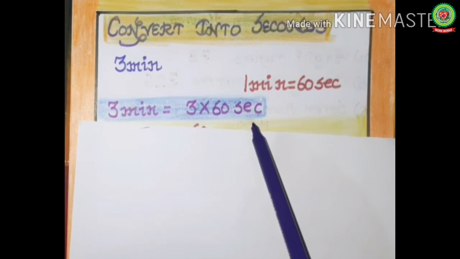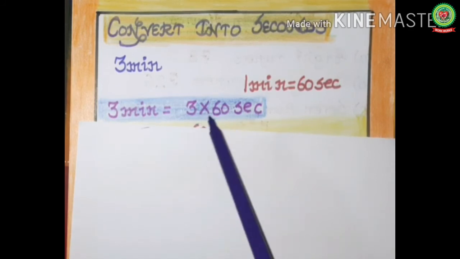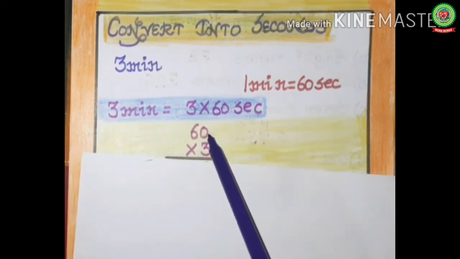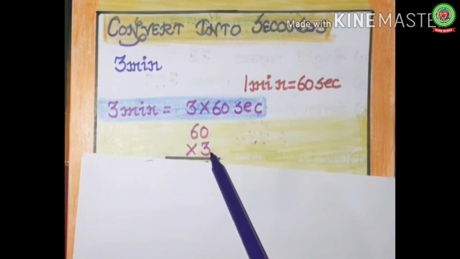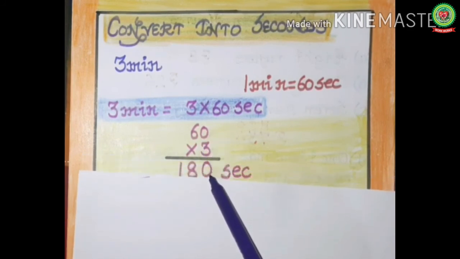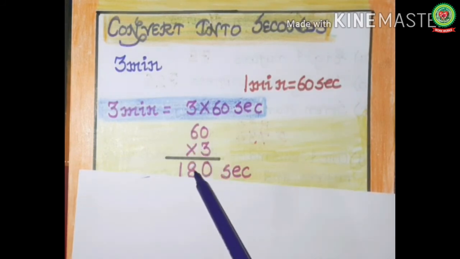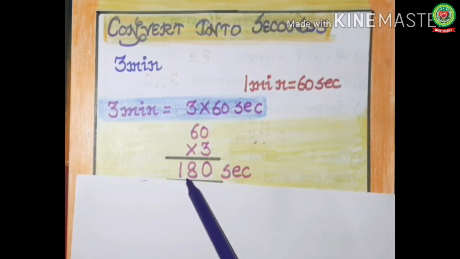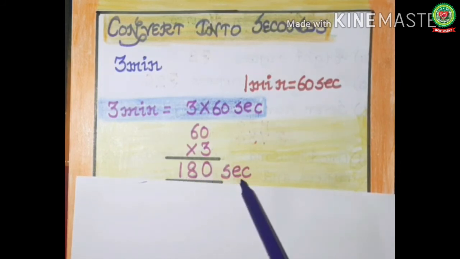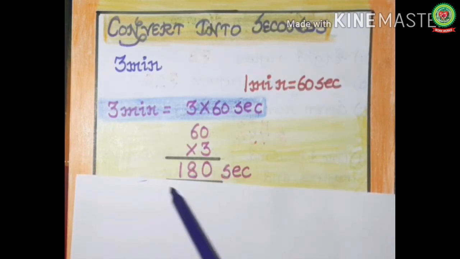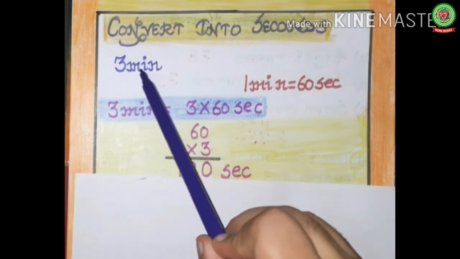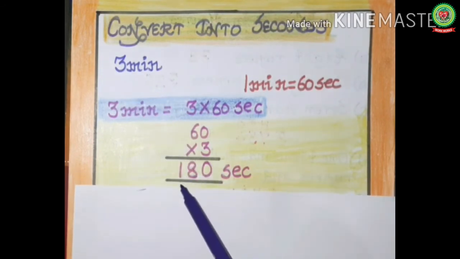Now for the answer, let's multiply. 60 multiplied by 3. 3 zeros are 0. 3 sixes are 18. So the answer is 180 seconds.